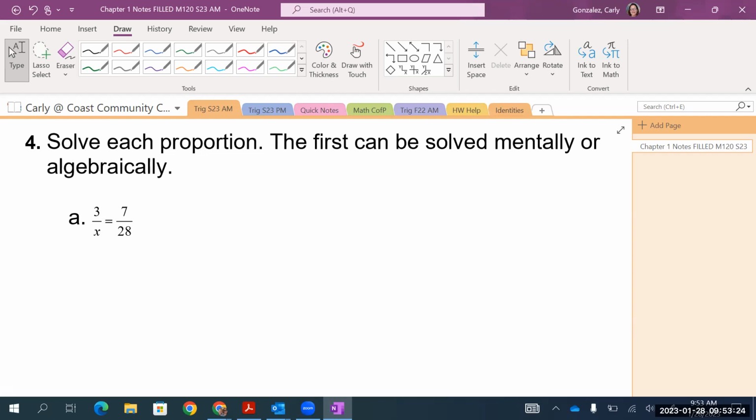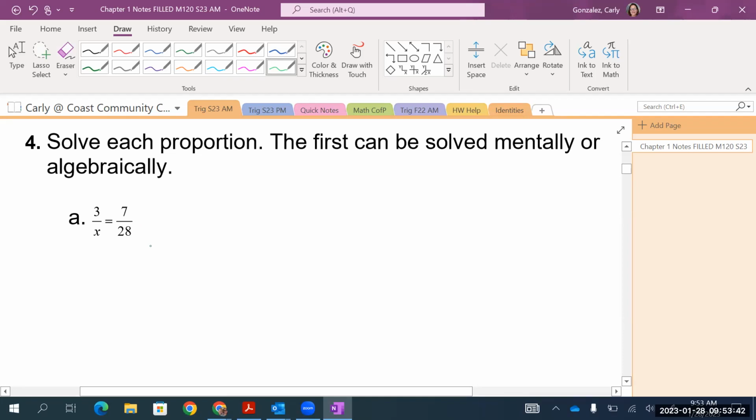I'll go ahead and focus on the algebraic approach, since that's going to be more relevant for trigonometry. So we have 3 over x equals 7/28.